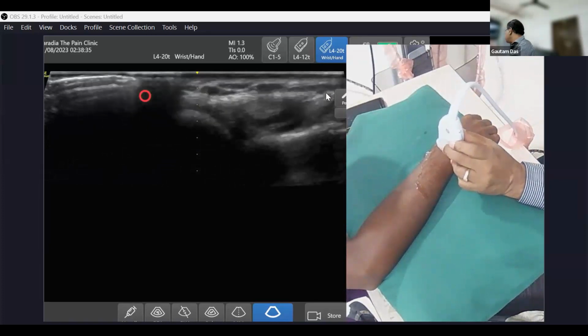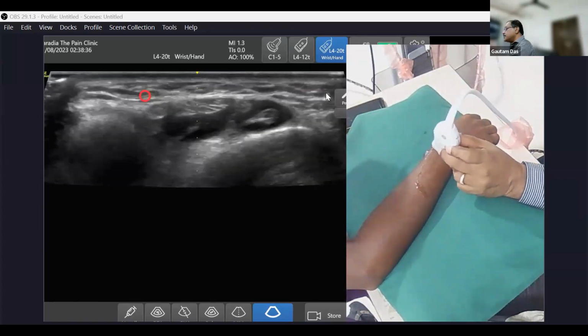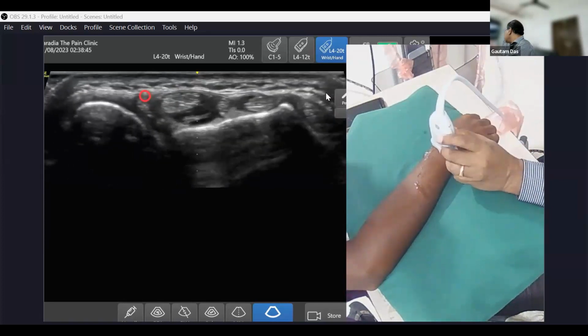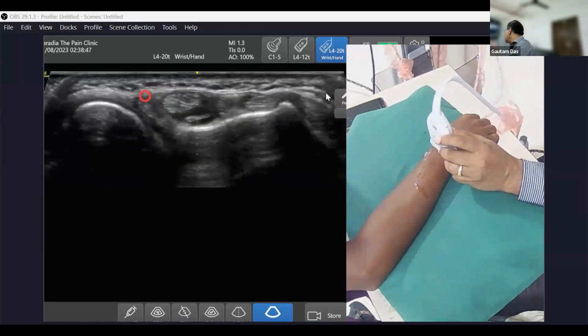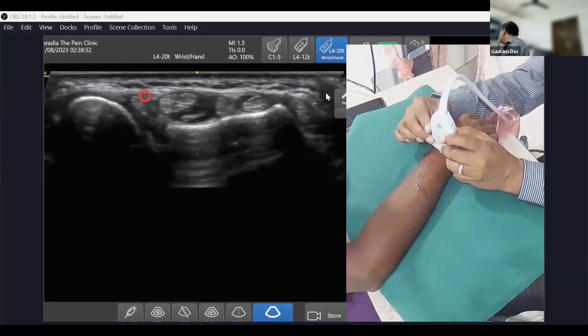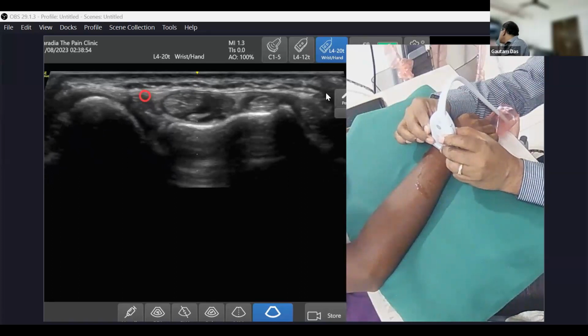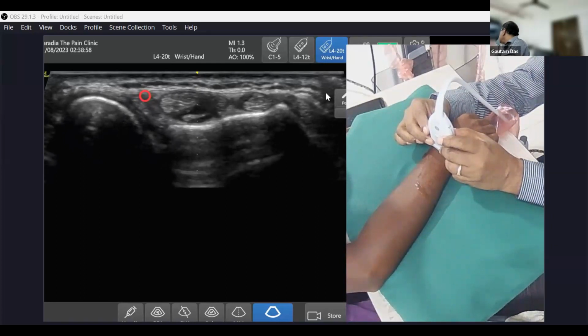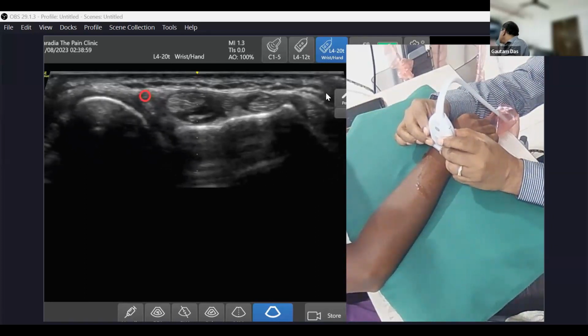Okay, another thing I forgot to mention here: the posterior interosseous nerve, which is basically a continuation of the deep branch of the radial nerve, supplies, as I told you, the extensor indicis as the last muscular branch. The posterior interosseous nerve is basically the motor nerve, the deep branch of the radial nerve, and that can be traced here. There is a pulsation there.